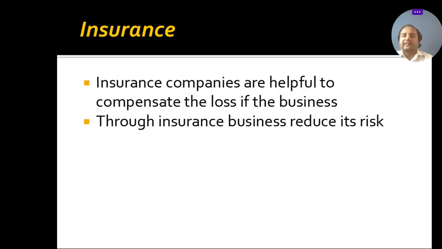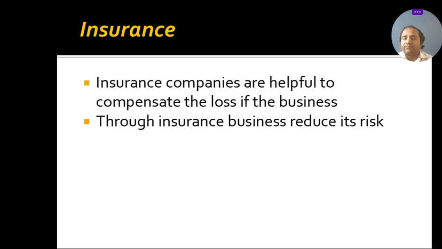The next pillar of commerce is insurance. Insurance companies help compensate the loss of a businessman. Businessmen are risk averse; they do not want to take risk. But without taking risk, it is impossible to do anything.